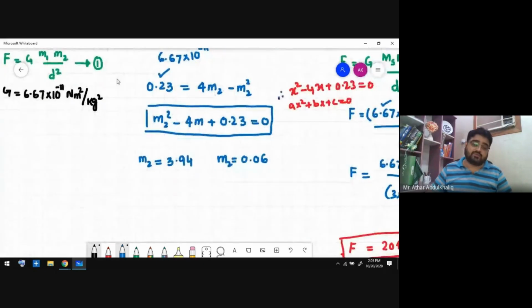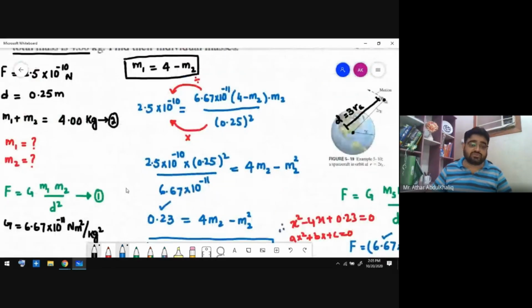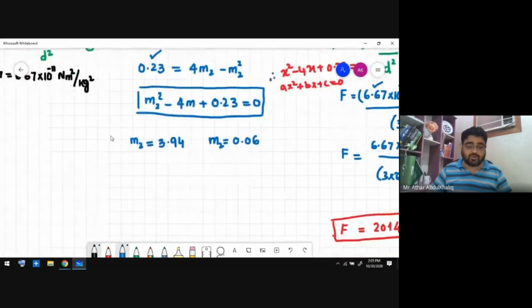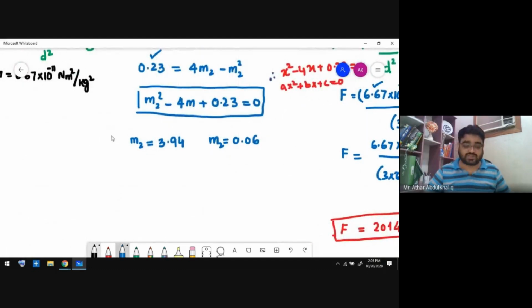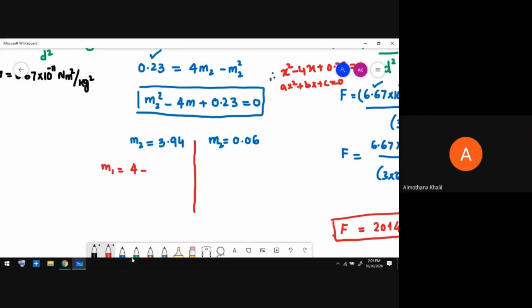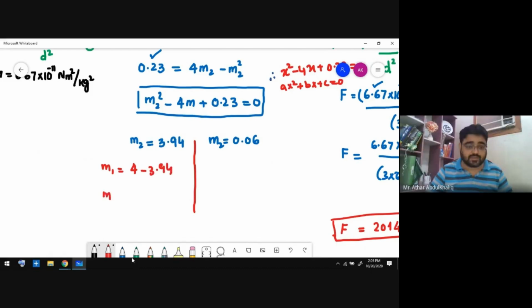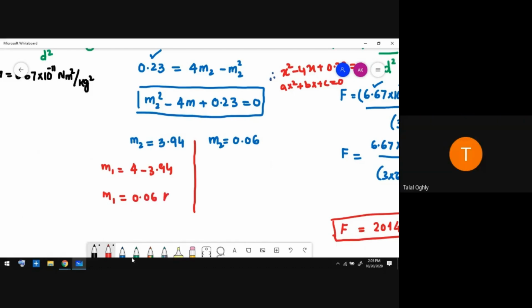Now, when you have M2, you will use this equation: M1 is equal to 4 minus M2. Let me make two sections, but both will give the same answers. When M2 is 3.94, M1 will be 4 minus 3.94, which becomes 0.06 kg.